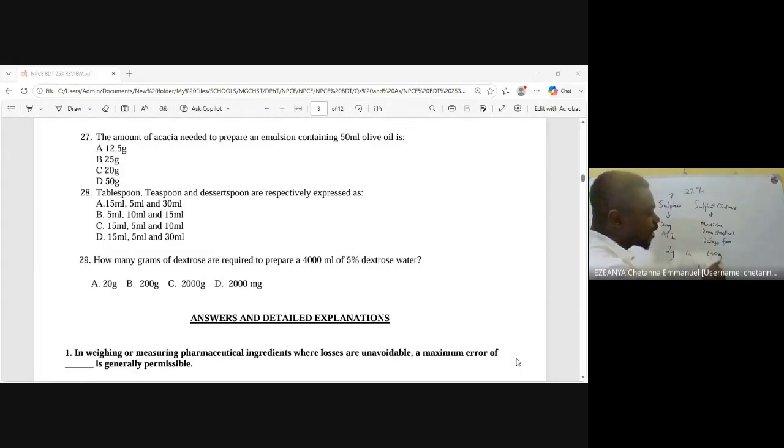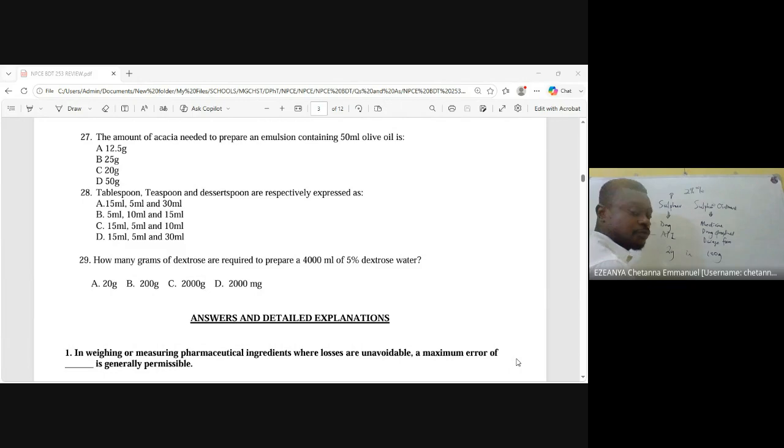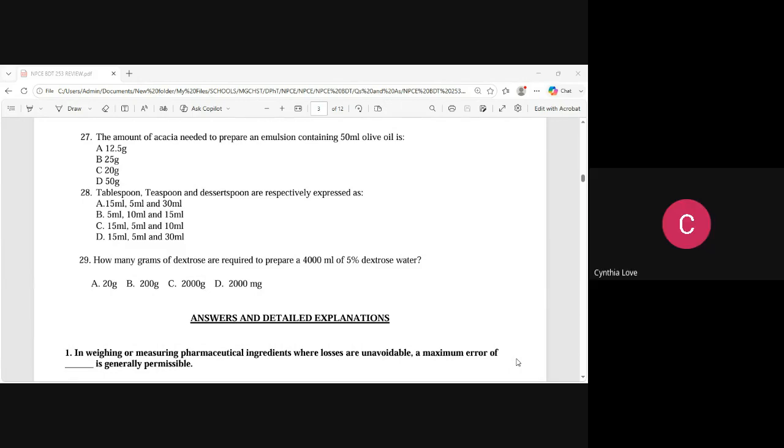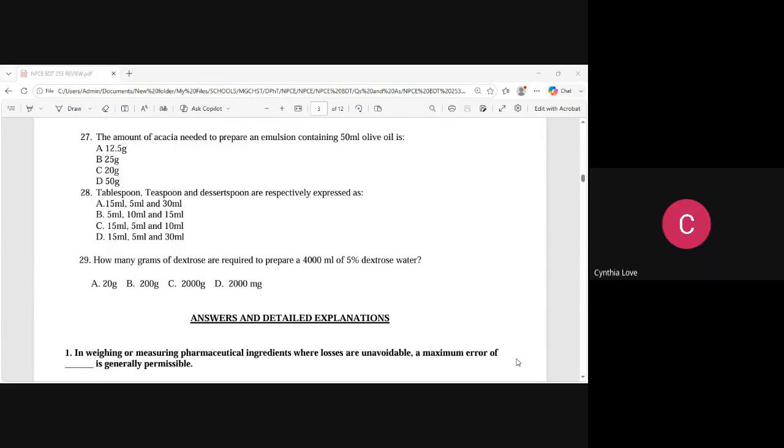Every 100 grams of sulfur ointment will contain 2 grams of sulfur. That's the meaning. It's not mL. Please don't bring mL here at all, because it's not mL here. So that's why it's 2% weight in weight. Is that clear? Yes, sir.